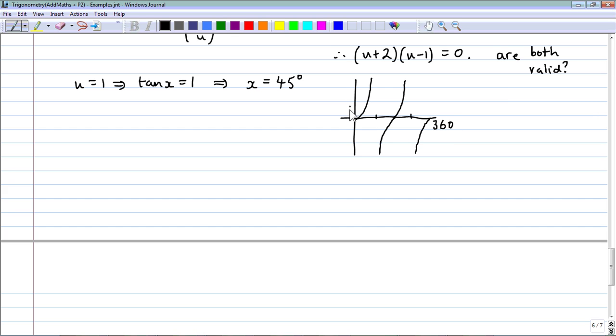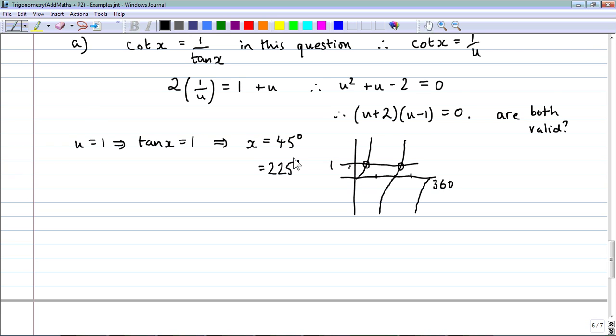So from 0 to 360, this is 1, not 45. There are two possible answers, 45 degrees and 45 plus 180, which is 225. So we found two solutions to the equation.